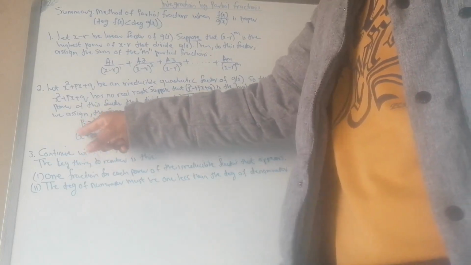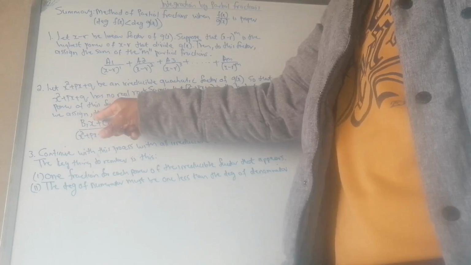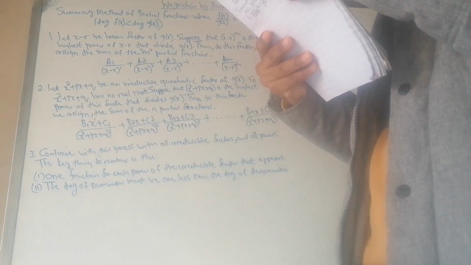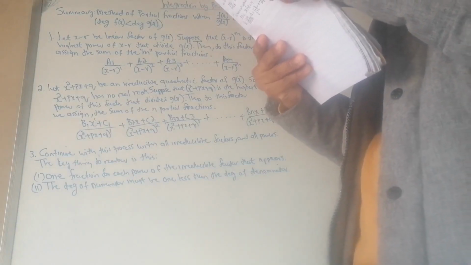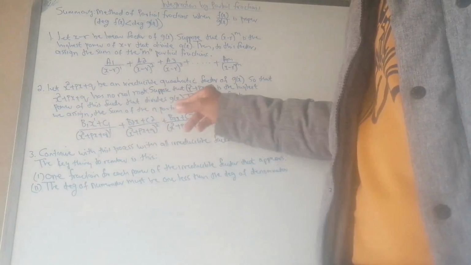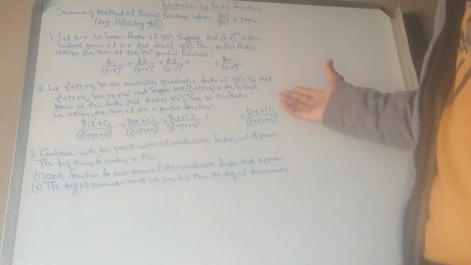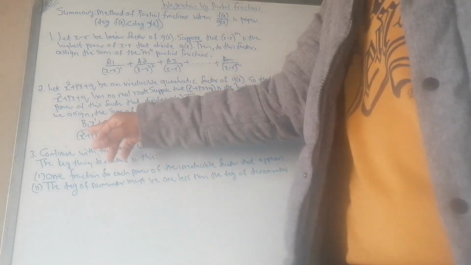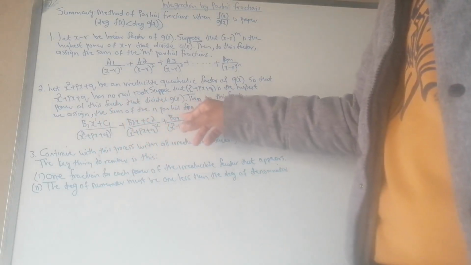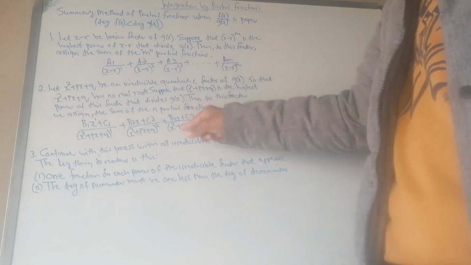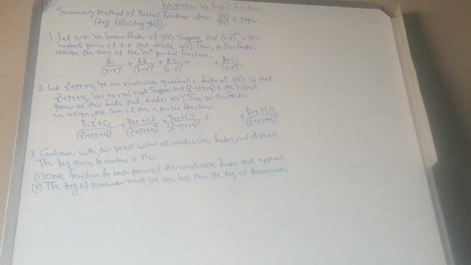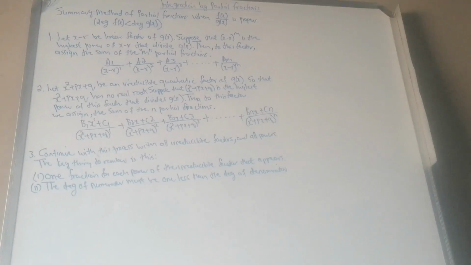The highest degree of the denominator is 2 and the numerator is 1. Try and see that. It might not make sense in this way, but in terms of x this is exactly what is happening: 1, you have 2; 2, you have 1. So this is very, very true.